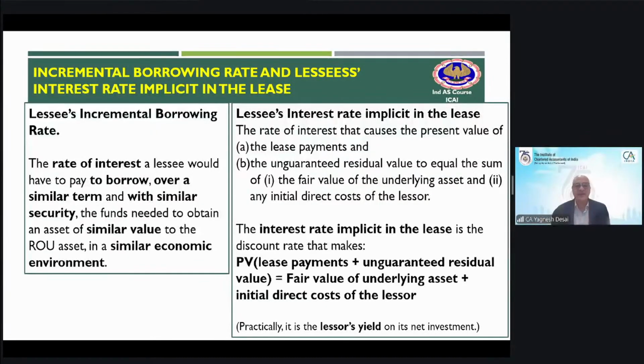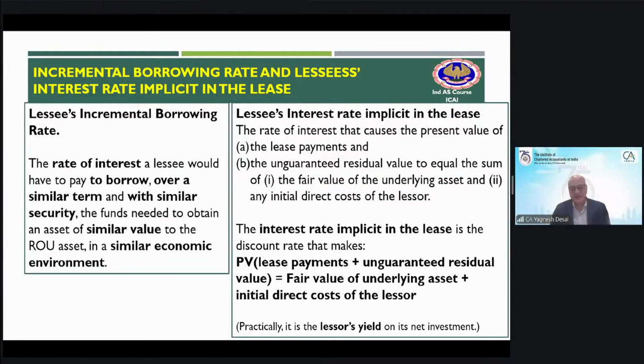That means the asset is identified or specified, and concurrently, it also means that the lessor does not have the right to use it for his economic benefits. If the lessor takes away the underlying asset for repairs and maintenance, that's not construed as the asset taken for economic benefits. That does not deprive the asset of its character of being specified and identified.